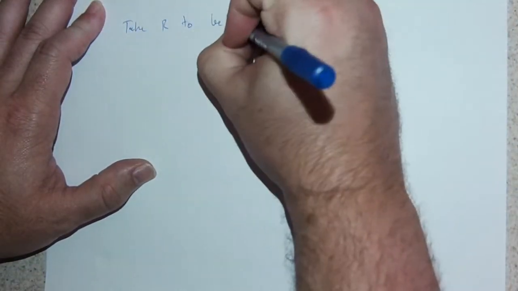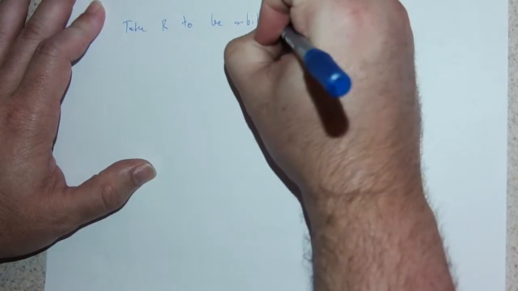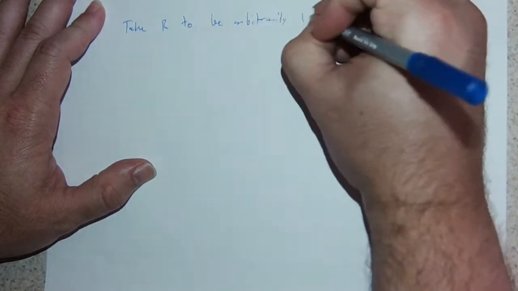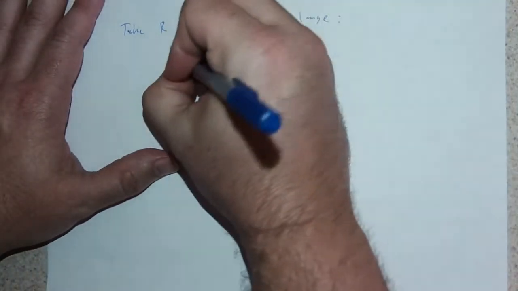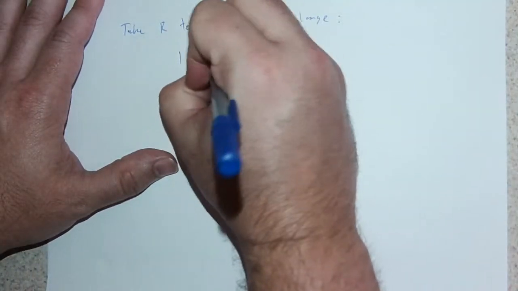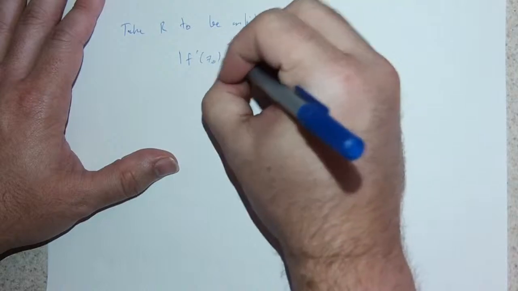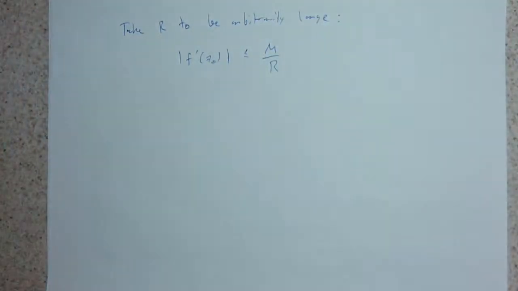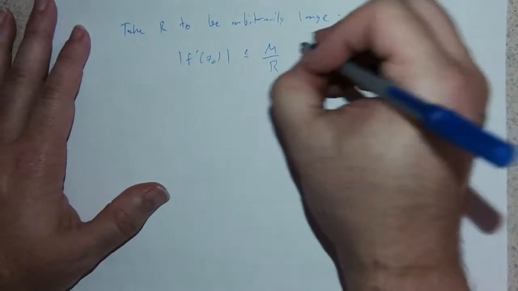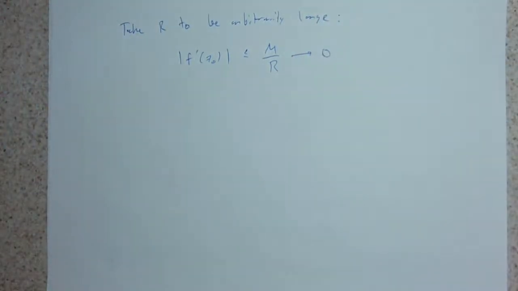Okay. So take r to be arbitrarily large. If I take r to be arbitrarily large, then this bound on the modulus of f prime of z naught goes to 0, right?